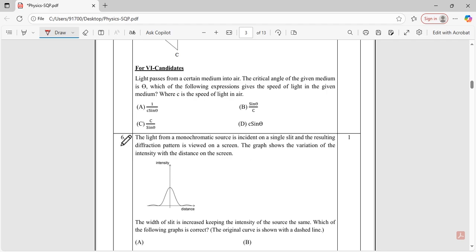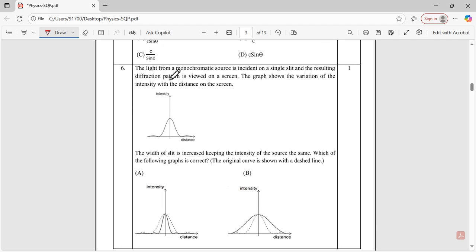Now question number 6. When light from a monochromatic source is incident on a single slit and the resulting diffraction pattern is viewed on the screen, the graph shows the variation of intensity with distance on the screen.